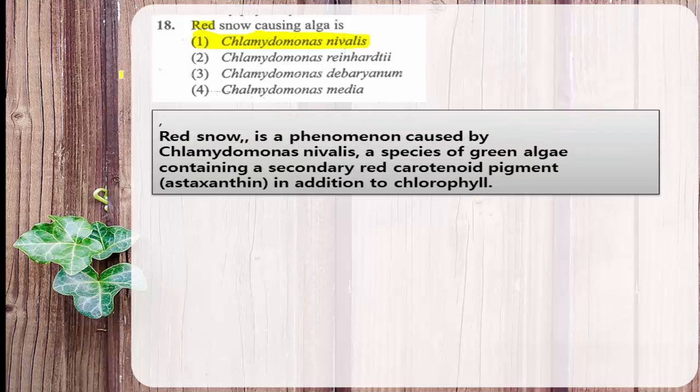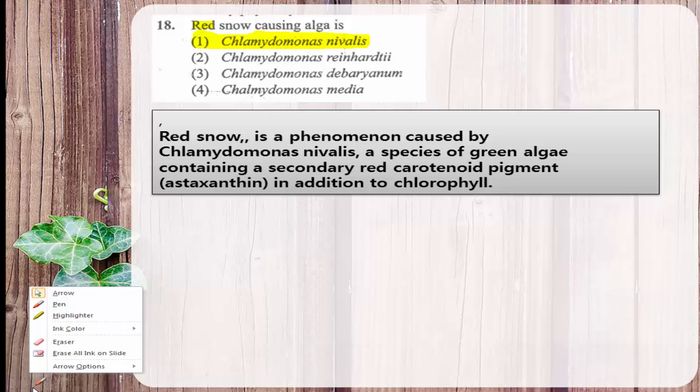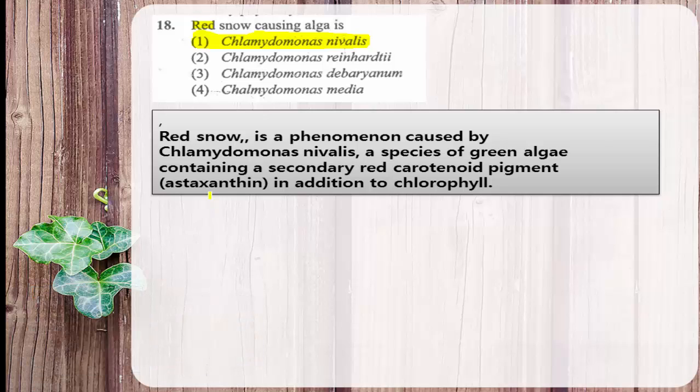The answer is, red snow is a phenomenon caused by Chlamydomonas nivalis, which is a main species of green algae. But this contains a secondary red carotenoid pigment.